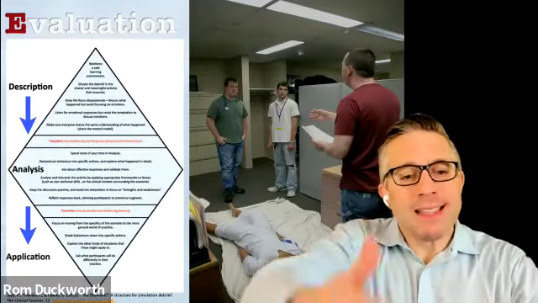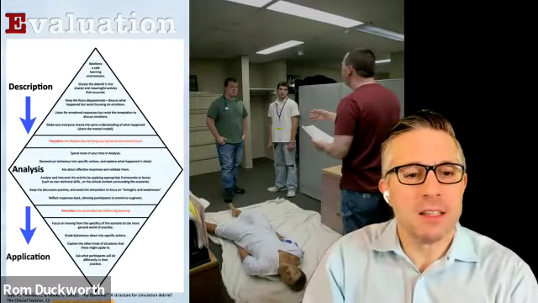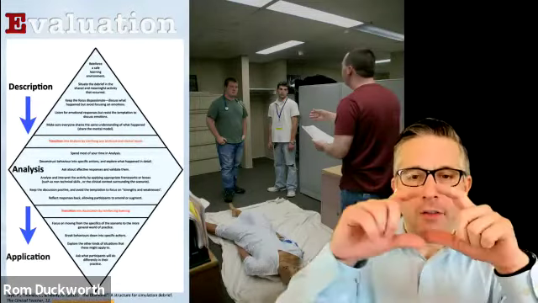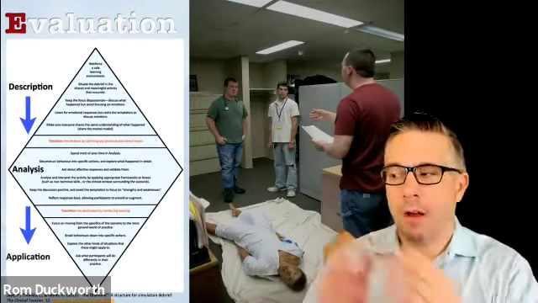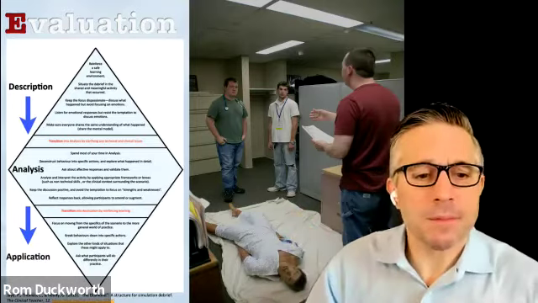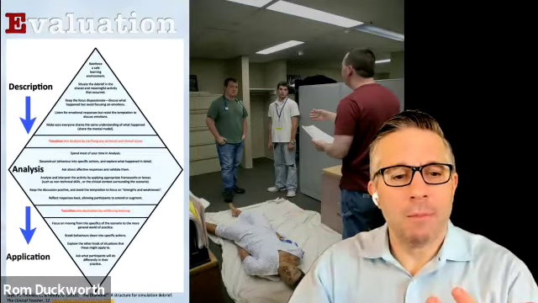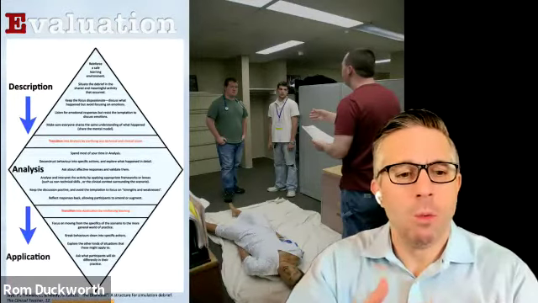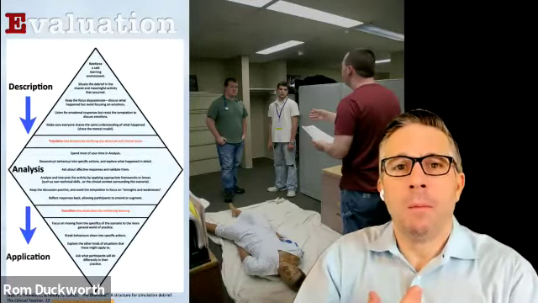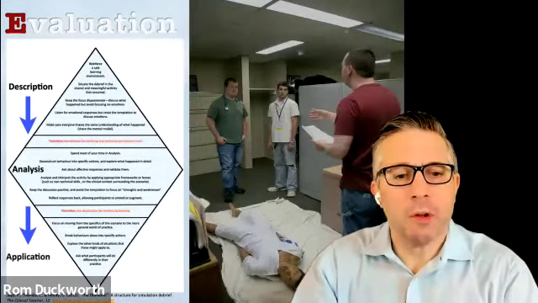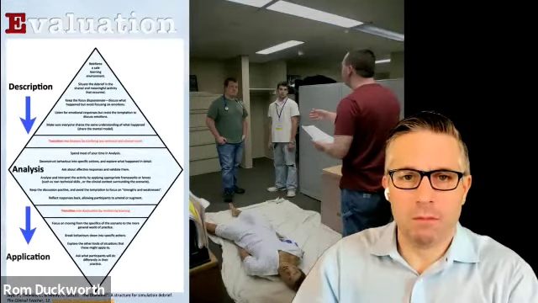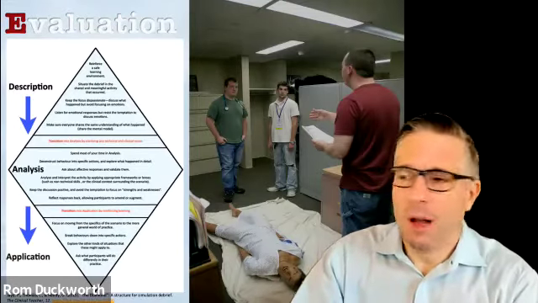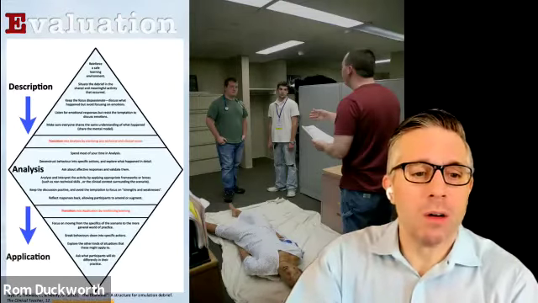And then we transition into the analysis, where we spend the bulk of our time. That's why it's the wider part of the diamond here. We ask, let's break down what you were doing, your decision-making process, what you did, what went well, why you made the decisions you did, what other options there were.